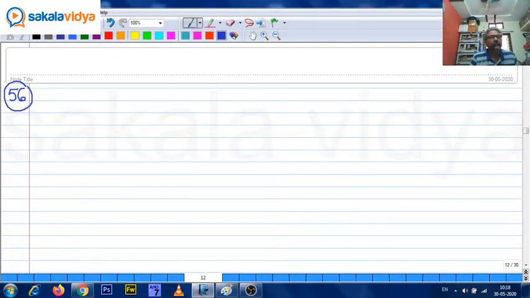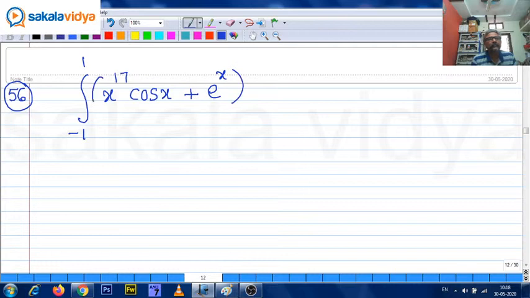Fifty-sixth, right. Integral from minus 1 to 1 of x to the power of 17 times cos x plus e power x dx.